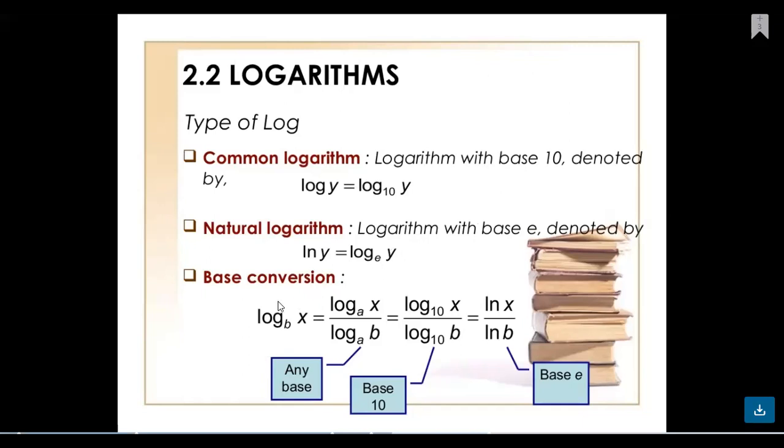So base conversion: log base b of x is equal to log base a of x over log base a of b. For example, log base 10 of x over log base 10 of b is equal to ln x over ln b, in any base. So we're going to put some base, for example, 10, and then base e.